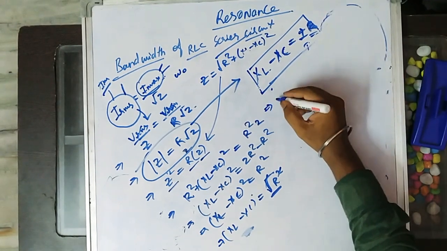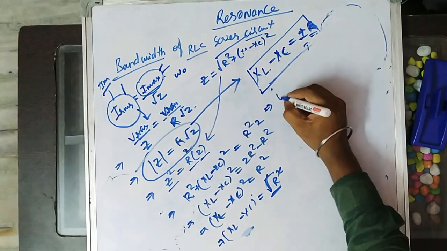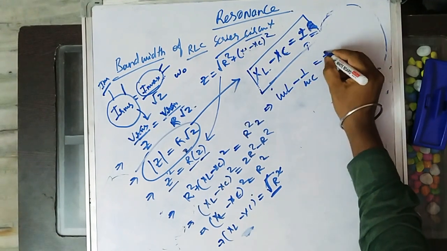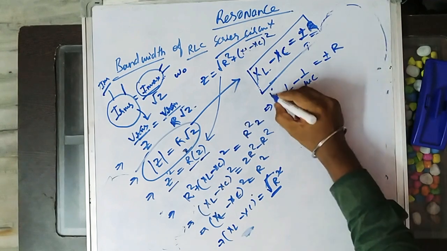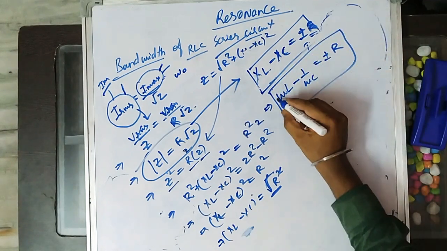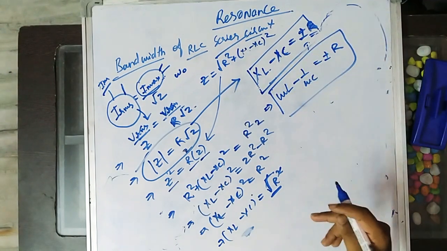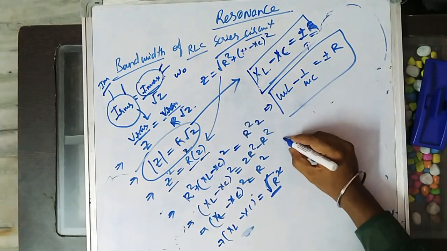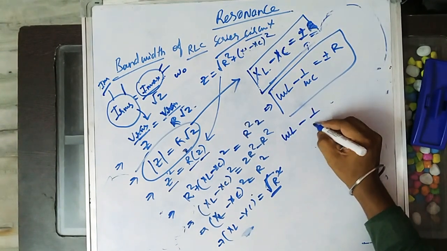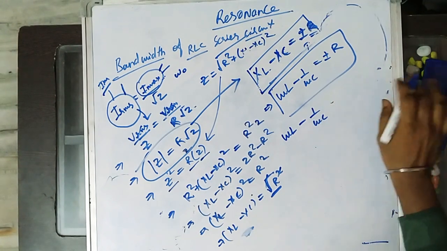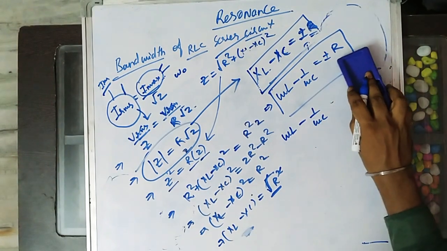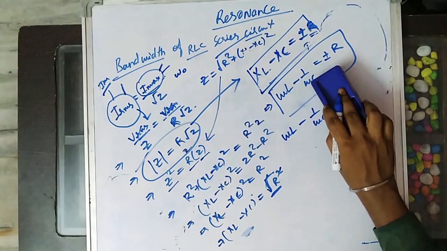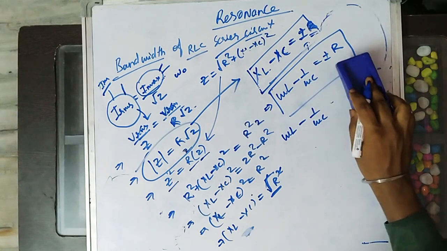After substituting we get omega L minus 1 by omega C equal to plus or minus R. In this we neglect J. We are least bothered about J in resonance. So we have two values here, plus or minus R. Thus omega L minus 1 by omega C has two values.